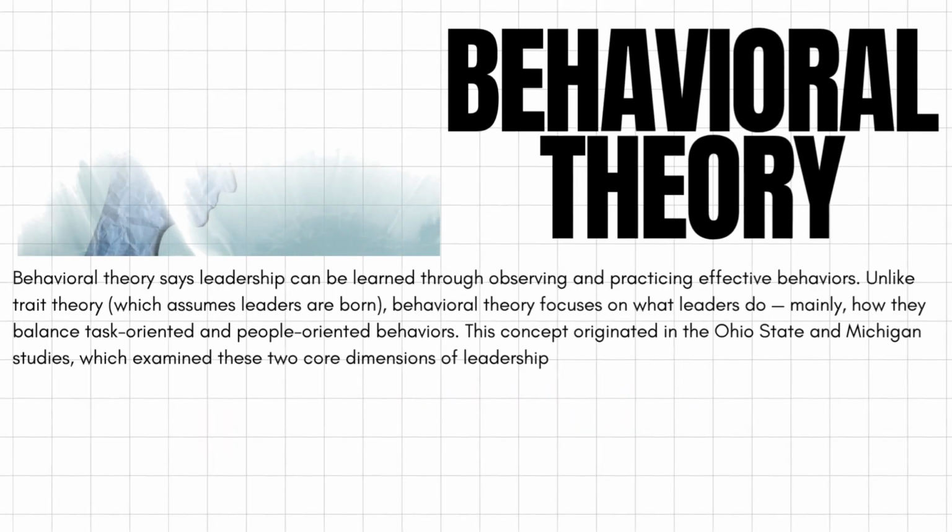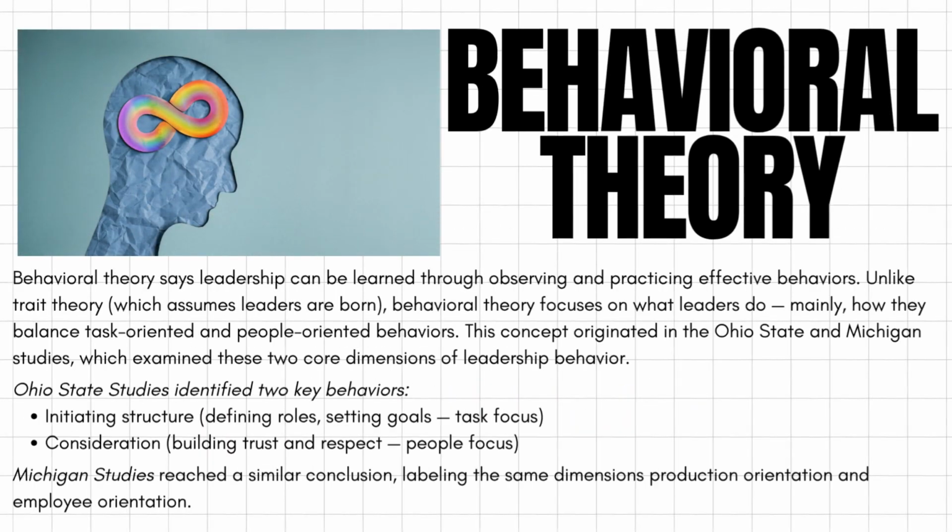On to number 2, behavioral theory. Behavioral theory says that leadership can be learned through observing and practicing effective behaviors, unlike trait theory, which assumes that leaders are born. Behavioral theory focuses on what leaders do, mainly how they balance task-oriented and people-oriented behaviors.